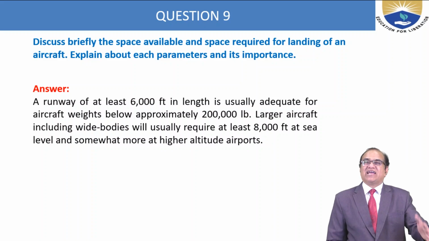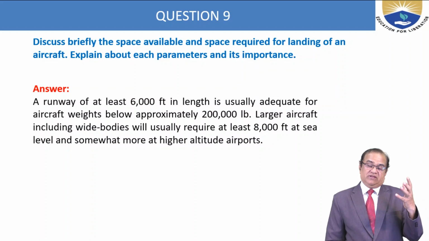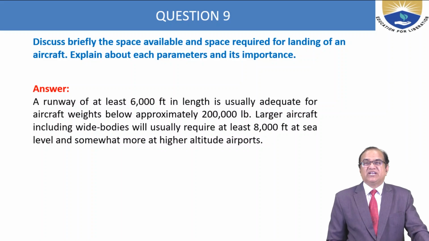So if you are flying at higher altitude, more runway is required. At the lower altitude, less runway is required. Small aircraft need up to 6,000 feet, nearly 2 kilometers, and bigger aircraft need 8,000 feet, or nearly 2.5 kilometers.